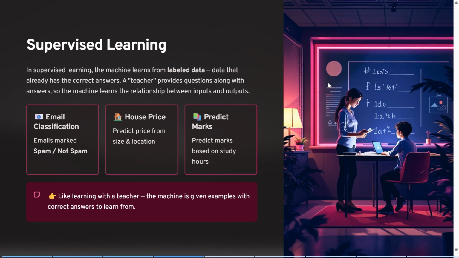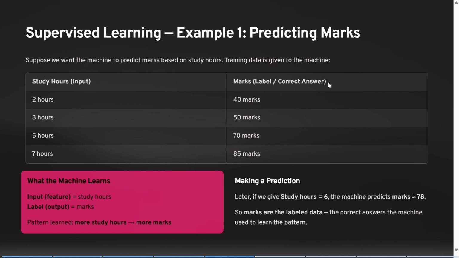Let's see one example, predicting marks based on study hours. We give training data containing study hours as input and marks, which is the correct answer, also as part of the data. The machine will observe the pattern: if there are more study hours, then there are higher marks.